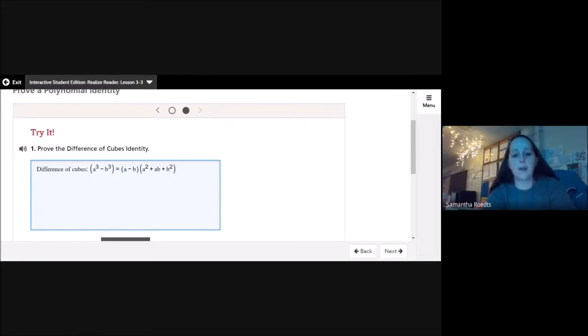I want to prove this. So I want to take a minus b times a squared plus ab plus b squared, and I want to see if I can get it to equal a cubed minus b cubed. Well, I'm going to go ahead and use the distributive property.